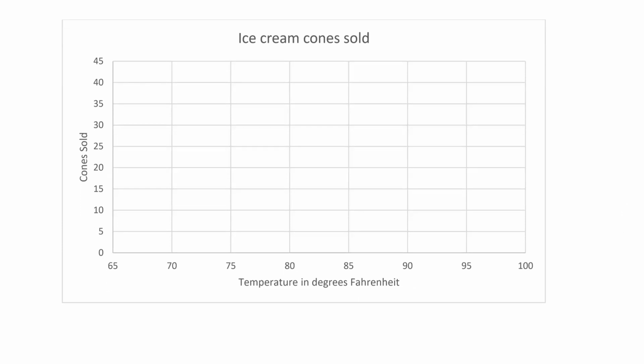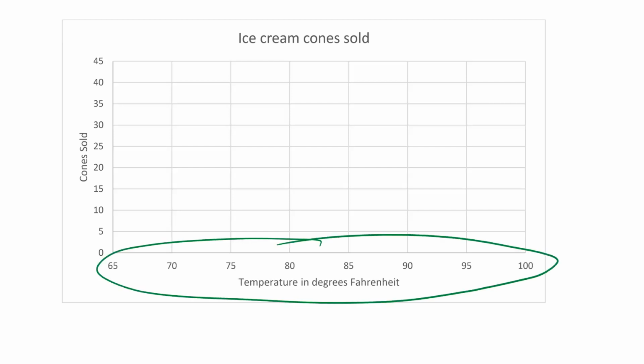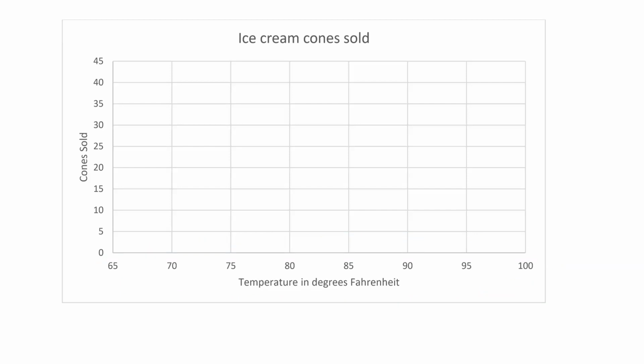So plotting them is really easy. All we're going to do is take that first number that we put in the parentheses, that temperature, that goes along our x-axis. All right, so that tells us how far to the right we need to move. The second number, the cones sold, is going to be our y-axis.